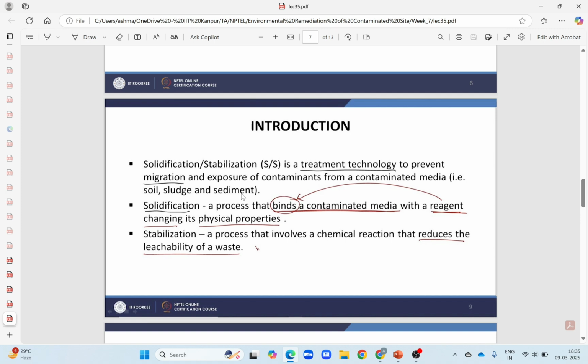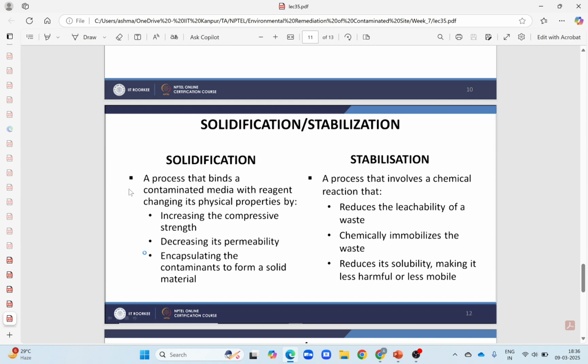So the difference here for solidification and stabilization is given that solidification is a process that binds a contaminated media with reagent, changing its physical property by increasing the compressive strength, by decreasing its permeability or encapsulating the contaminants to form a material. So in solidification, we add some reagent which can decrease the permeability.